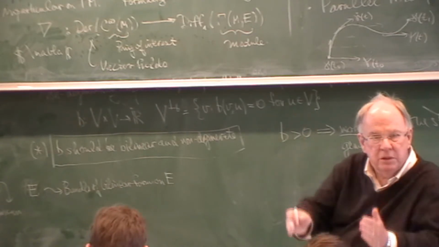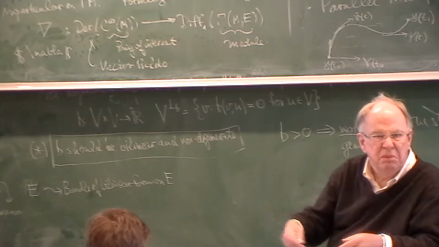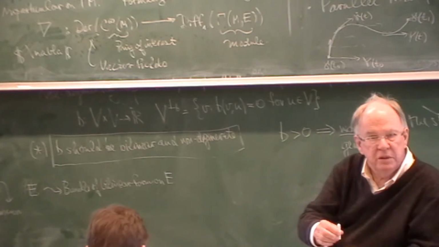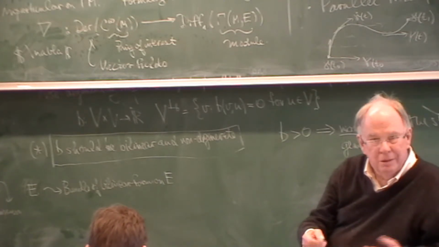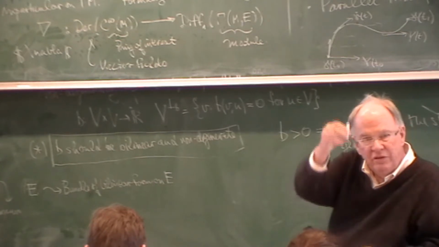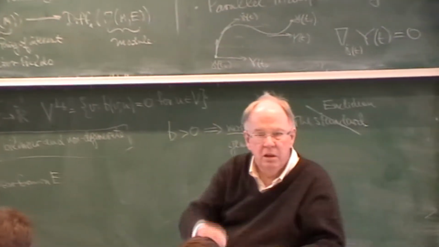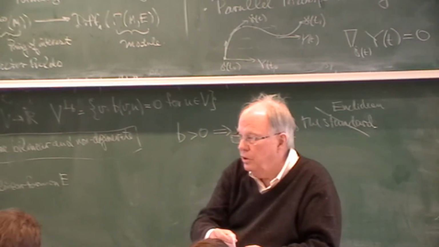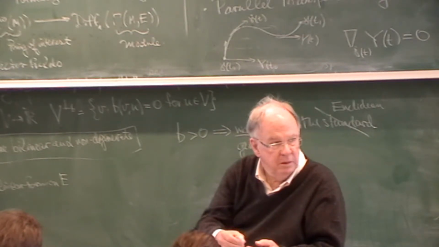So we have a vector bundle. It's better to think abstractly, not just tangent bundle or some kind of vector bundle. Each fiber is a vector space. Given a vector space over the real numbers, everything here is over the reals, you have the bilinear forms on that vector space.